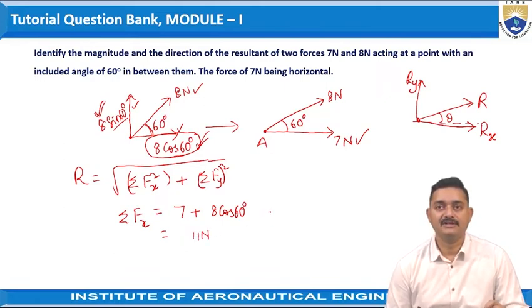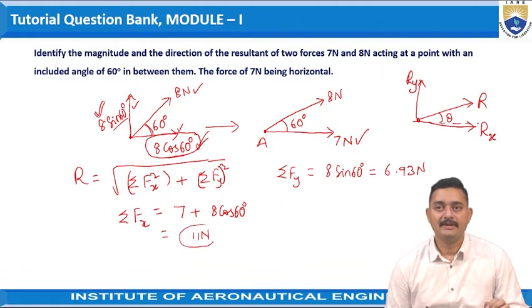11 Newton. Similarly, if we find sigma Fy, only one vertical force is available in this system, so that can be written as 8 sin 60 degrees. If you solve this, you obtain the value of 6.93 Newtons.